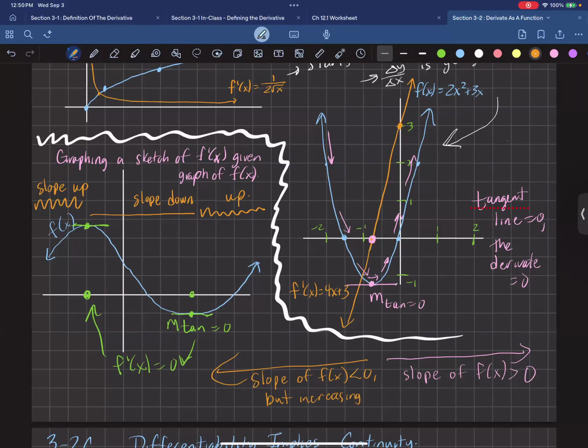So where it's down, it should drop down. It should be in the negative region, because recall, this is the negative region and this is the positive region. So it's going to drop down, but it's got to come back up. It's positive over here, negative here, and over here, it's positive again.